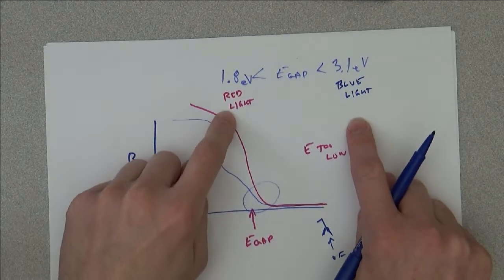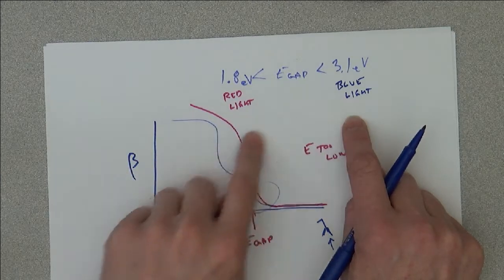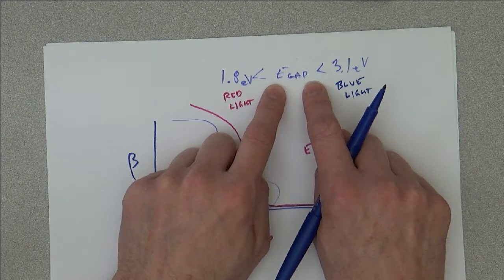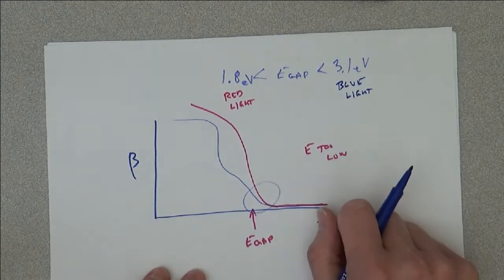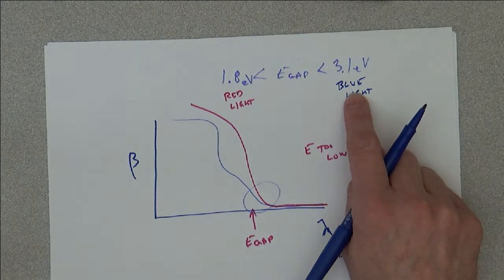So if you want to create a material that selectively absorbs at different wavelengths, you can either pick a material with the proper gap, or you can do something to modify that gap and select the colors of light.